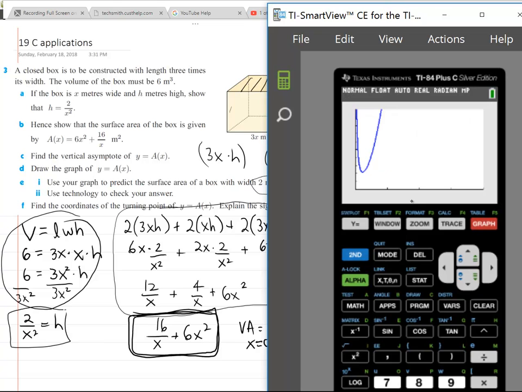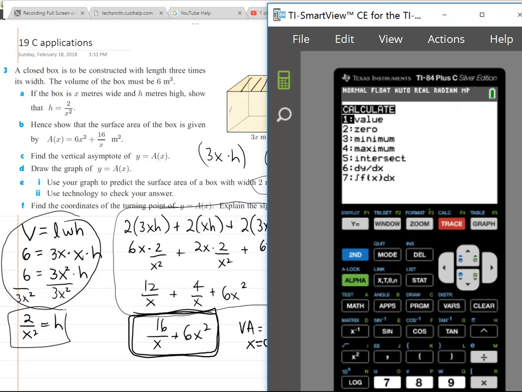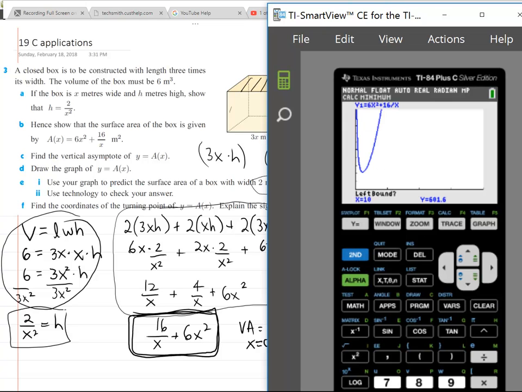Then it says find the coordinates of the turning point and explain what they mean. So our turning point is down here. It's a minimum. So let's go ahead and calculate the minimum. We do second trace, and we want the minimum, which is 3.